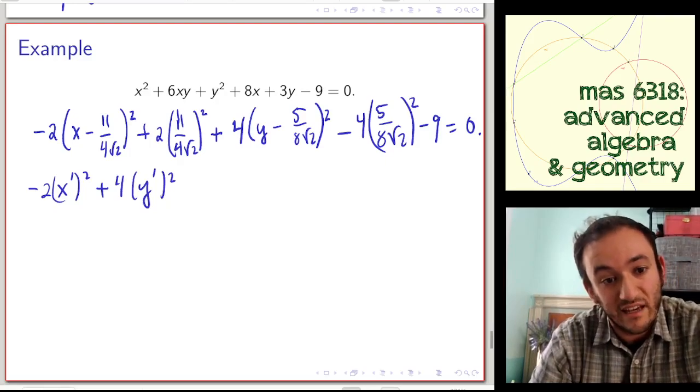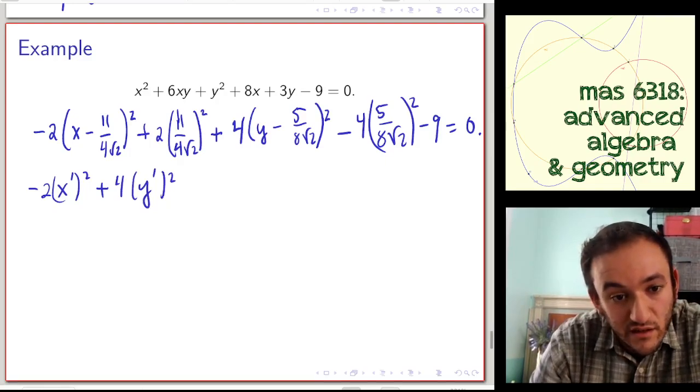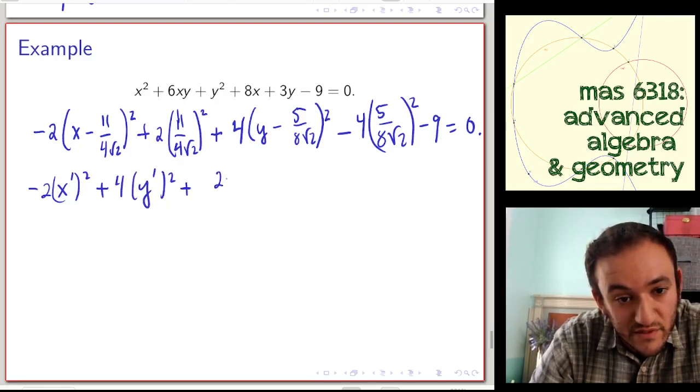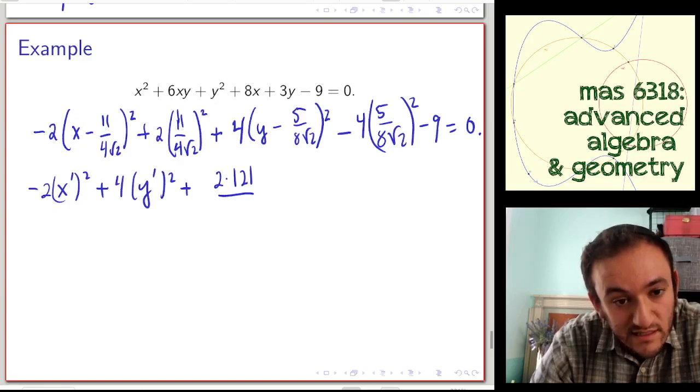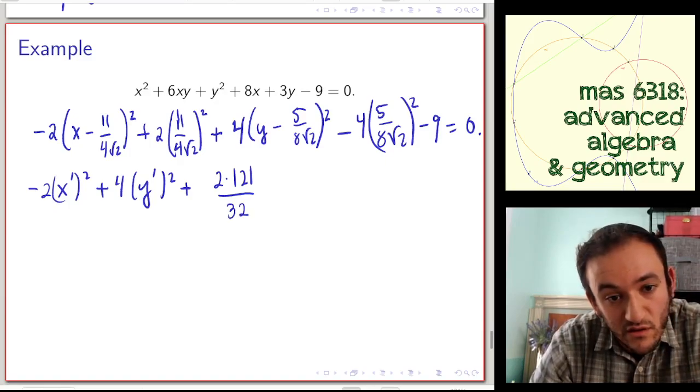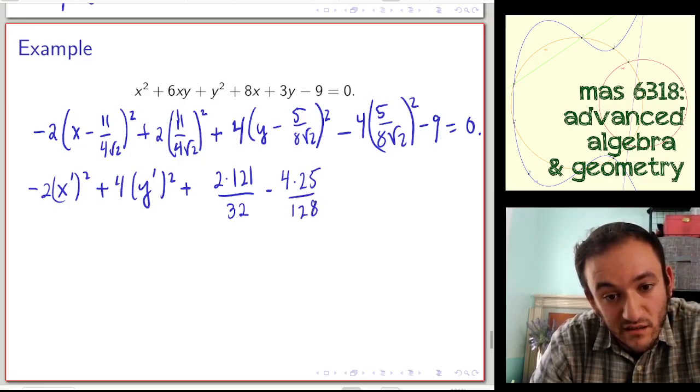And then the remaining constants are 2 times 121 over 8 times 2 over 16 times 2, which is 32, minus 4 times 25 over 64 times 2, which is 128, minus 9 equals 0.